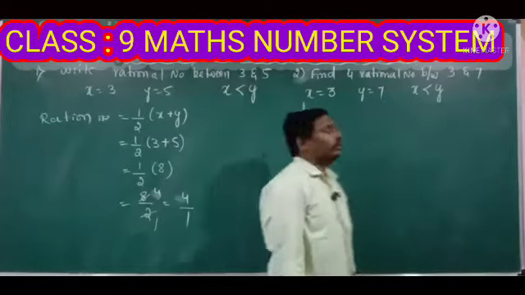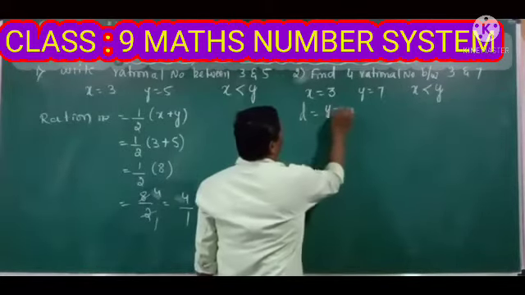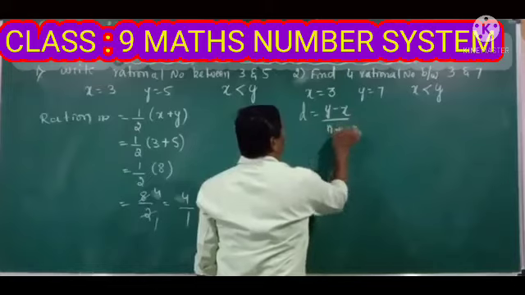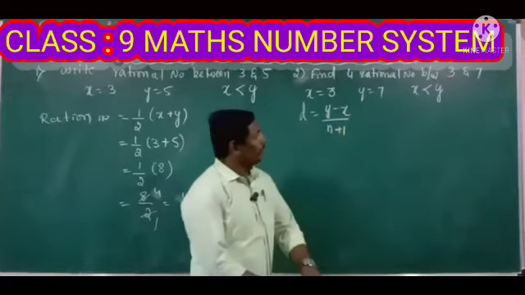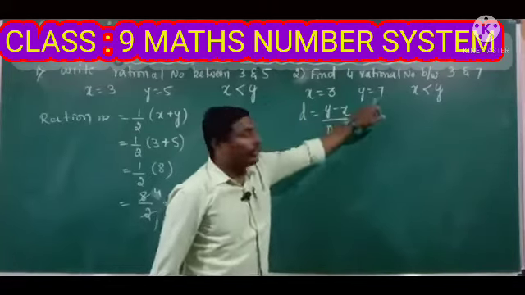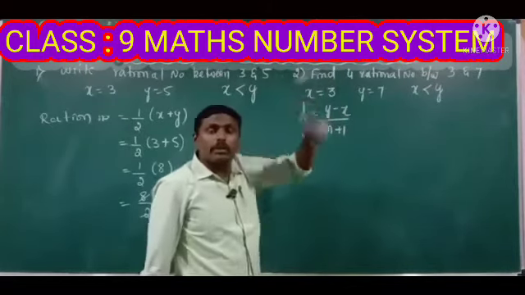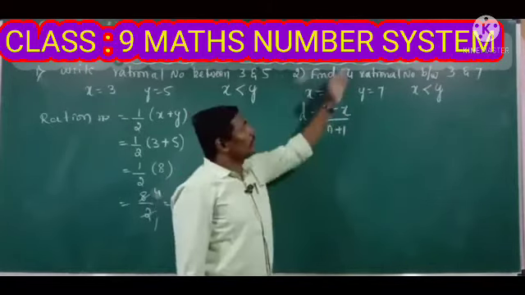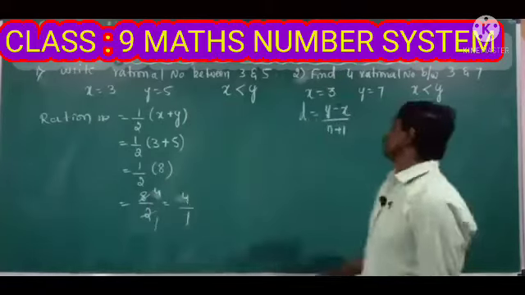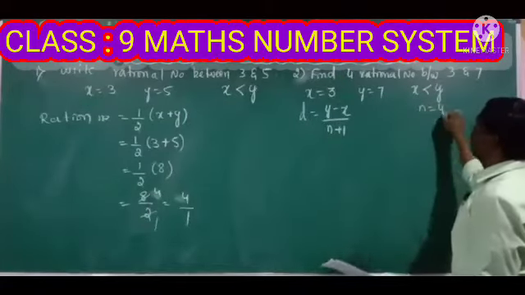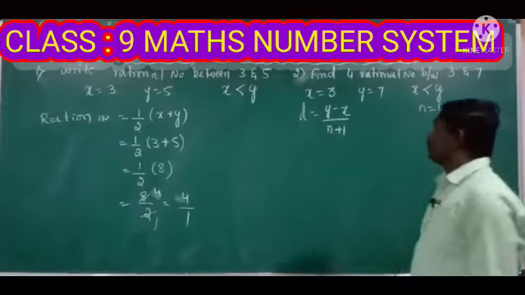The formula for d is (y minus x) divided by (n plus 1). Here y is 7, x is 3, and n is how many numbers you are going to calculate. So you are calculating 4 values, so n is equal to 4.